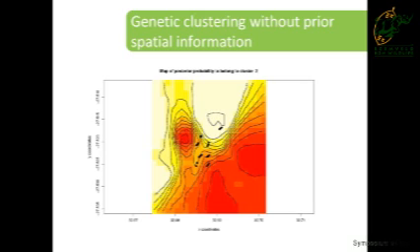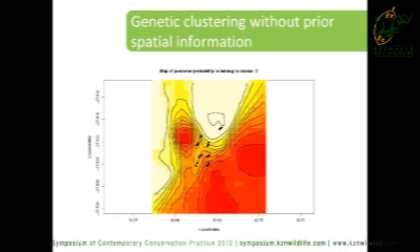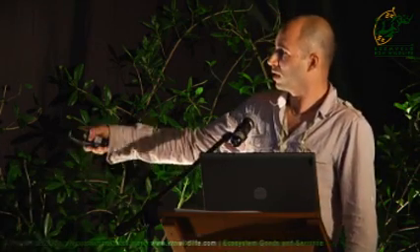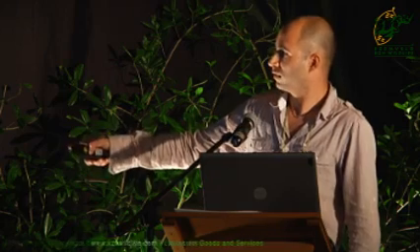These are my 8 sites over here. And just to show you here, it gave me 2. White is higher probability of being one cluster. Red is another one. So it divided 2-mile reef again, without prior knowledge of the location of the samples, with a break on 2-mile reef in this area over there.